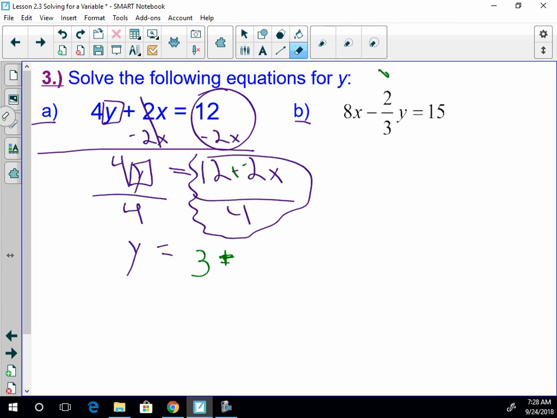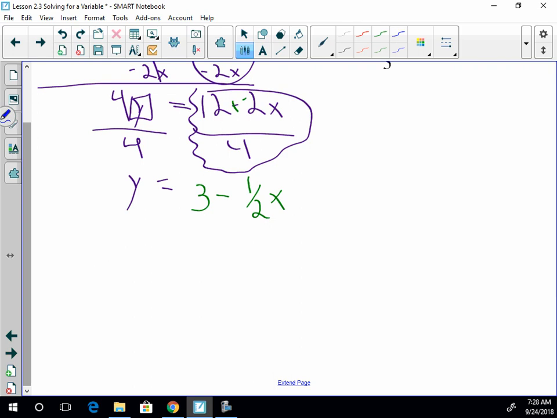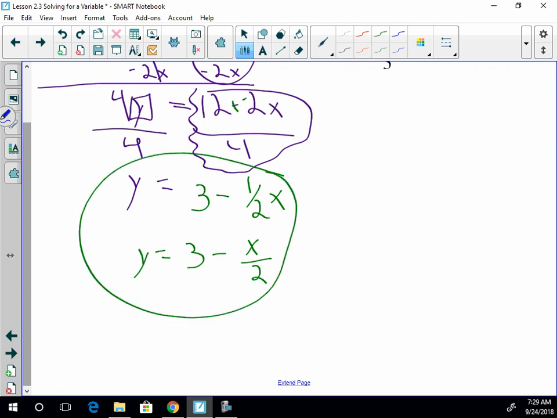I didn't mean to write equals there. 3 minus 1/2 x. Okay? Or we could have written it like this: y is equal to 3 minus x over 2. Those are both the same answers. Okay? Good deal. So this is a good answer, but you lose half points for not simplifying like that.